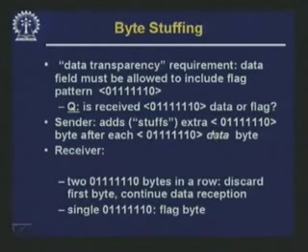So, if it had been a part of data, then instead of getting one such pattern, you would get two such consecutive patterns, whereas if it occurs singly, that is a frame delimiter. So, with two such patterns in a row, discard the first byte and continue data reception. A single one means it is a flag byte.